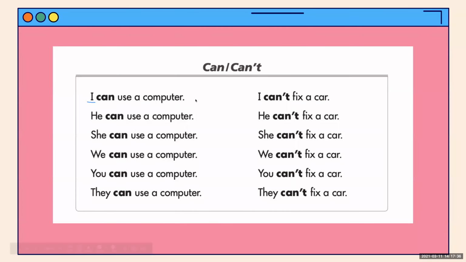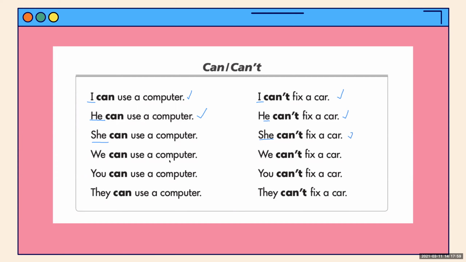I can use a computer. I can't fix a car. He can use a computer. He can't fix a car. She can use a computer. She can't fix a car.